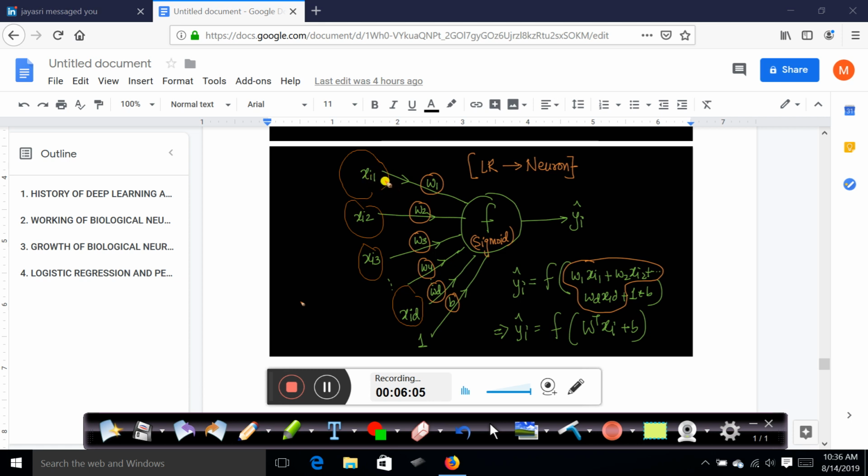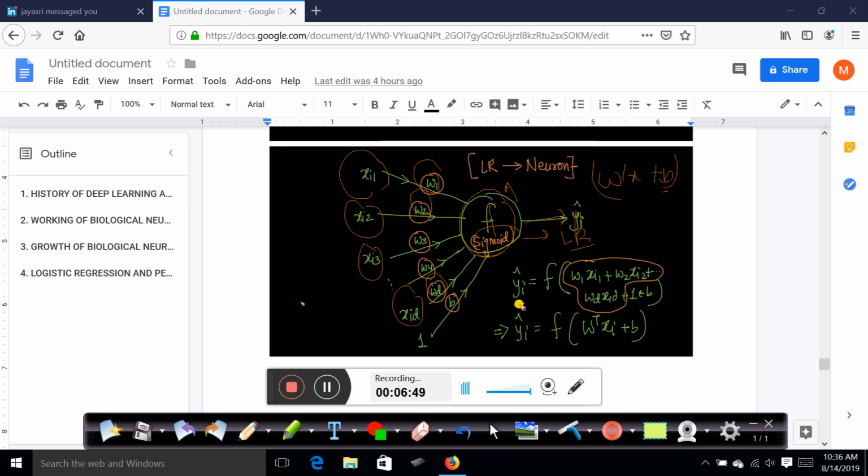Each input has a corresponding weight, that is w1, w2, w3 to wd. And as you remember, we have w transpose x plus b. We still have the bias b, so we consider b as a weight with input 1. Now if we pass this into an activation function, we get our predicted yi hat. If the given function is sigmoid, it is definitely logistic regression, and this is the diagrammatic neuron model for logistic regression.